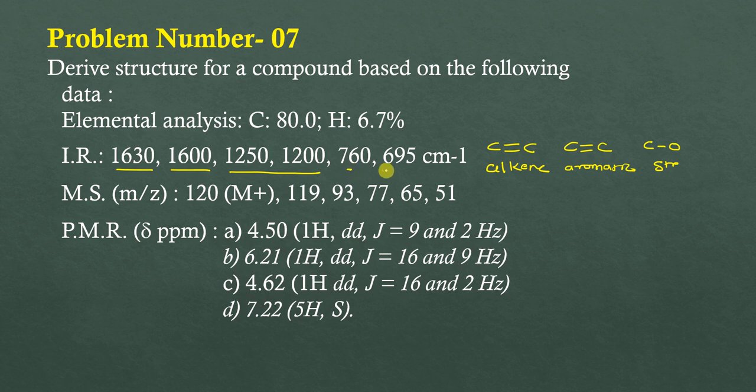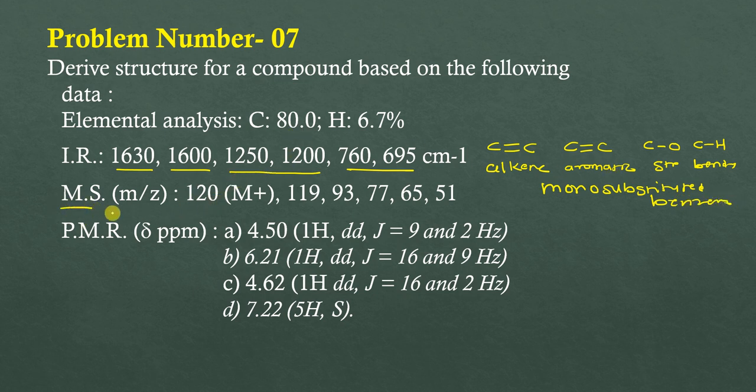The 760 and 695, these are CH bending vibrations of the aromatic ring of benzene, which suggest presence of mono-substituted benzene. Right, so this is the preliminary information we have from IR.